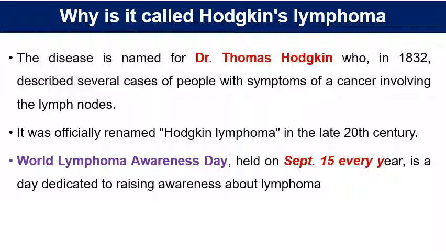So he is the first person who identified people with the same issues and named this disease, and it was officially renamed Hodgkin lymphoma in the late 20th century. And we also observe World Lymphoma Awareness Day on the 15th of September every year, and this day is dedicated to raising awareness about lymphoma among the common population.